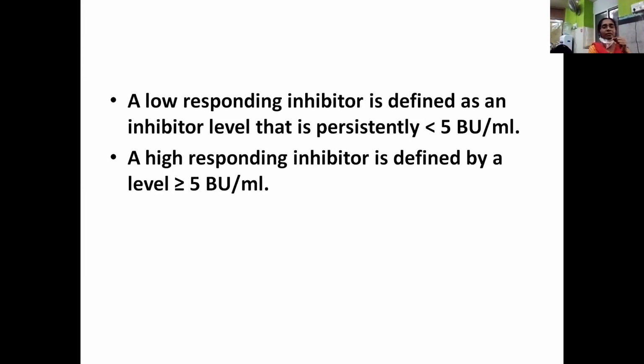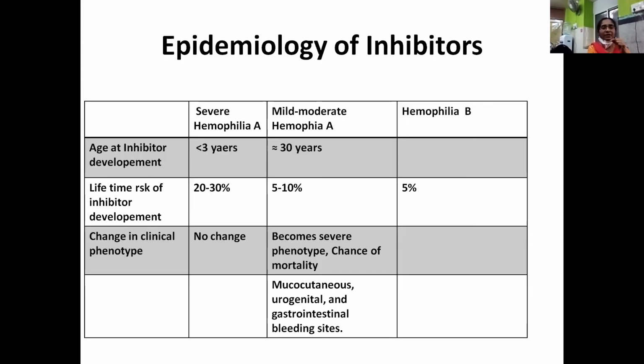And then we assign a value for that inhibitor, which is expressed in Bethesda units. Whenever it is less than 5 Bethesda units, you call it a low responding inhibitor. Whenever it is more than 5 Bethesda units, you call it a high responding inhibitor. Because this factor 8 inhibitor is a late acting inhibitor, that is why we keep it incubated at 37 degrees for 2 hours and serially assess the APTT to assess the inhibitor.